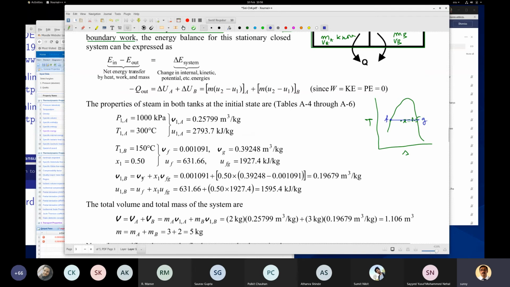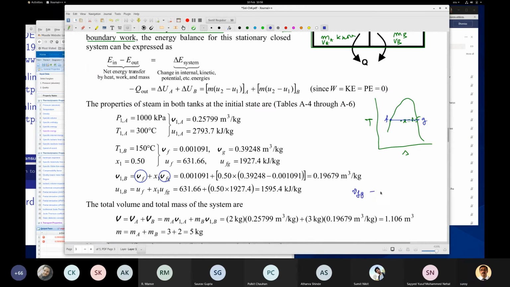V1B can be written in terms of VF and VFG. What is VFG? VFG is VG minus VF. So here you can know the specific volume at this position, the specific volume for x equal to 0.5.